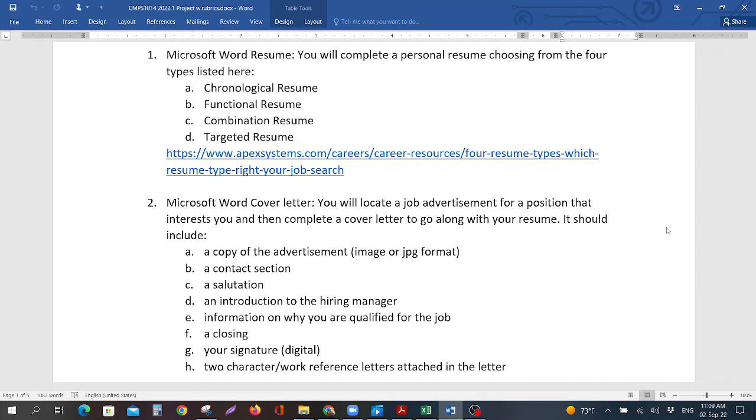After the letter, which should be on one page and done in Microsoft Word, you're going to have 3 additional pages. On those pages, you're going to include a picture, which you may take with your cell phone, of the advertisement for the job. This way, when we're grading your cover letter and resume, we can look at the position you're actually applying for.